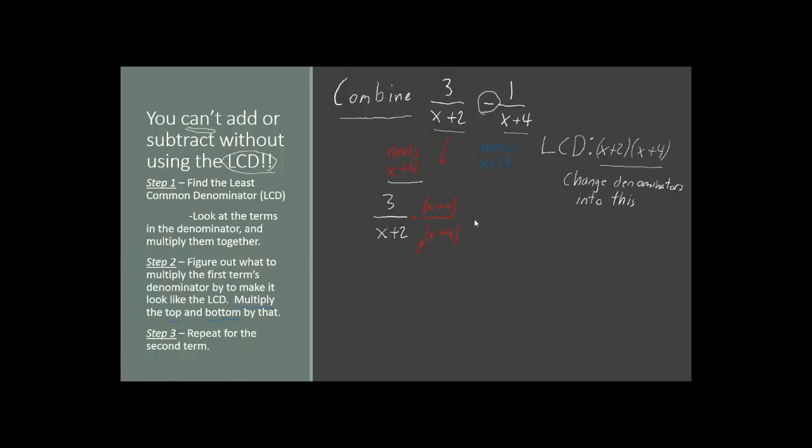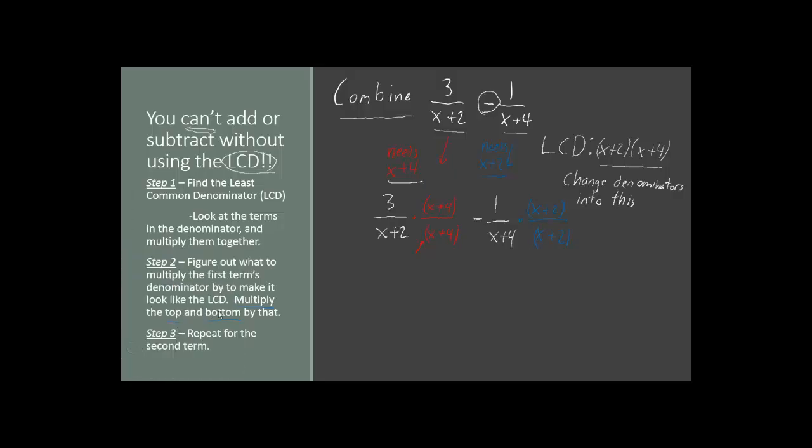Now we're going to repeat the process for the other fraction. We have minus 1 over x plus 4, and we will multiply that by what it needs, the x plus 2. Also, make sure that you place parentheses around them.